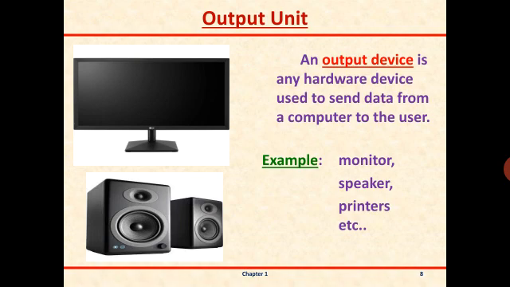See, the computer's job is not only to take the instructions, perform the calculations, and store the data inside the computer. No. Once the calculations are completed, it should show the result to the user. So this output device basically displays the result after calculation.